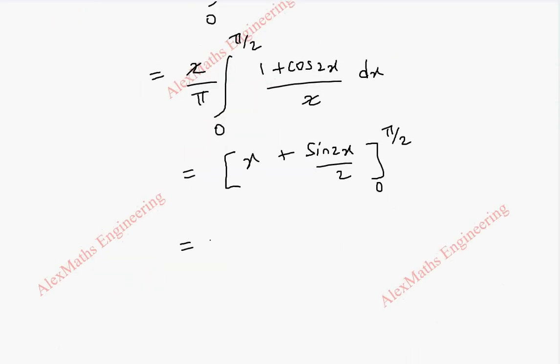So this will become pi by 2, and when I substitute pi by 2 in sin 2x, I get sin pi, which is 0, and lower limit is completely 0. So we are left with only pi by 2, and outside we had 1 by pi. So 1 by pi into pi by 2, after cancelling this, we are left with only 1 by 2.